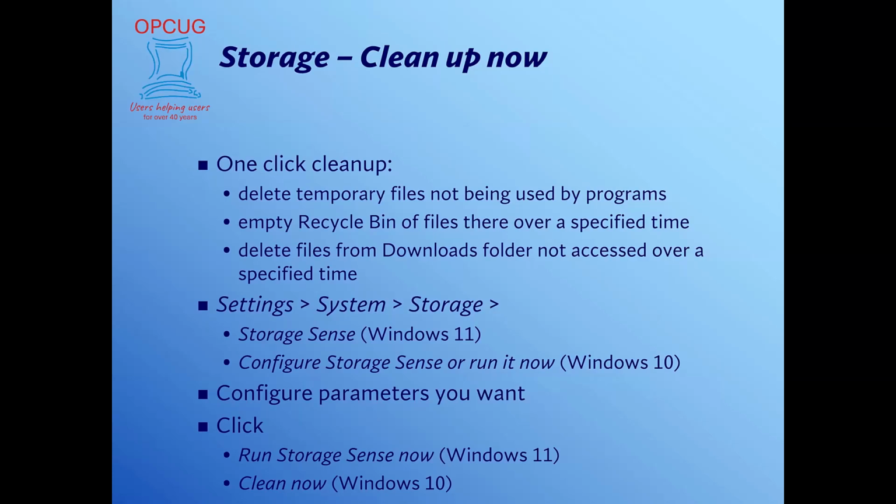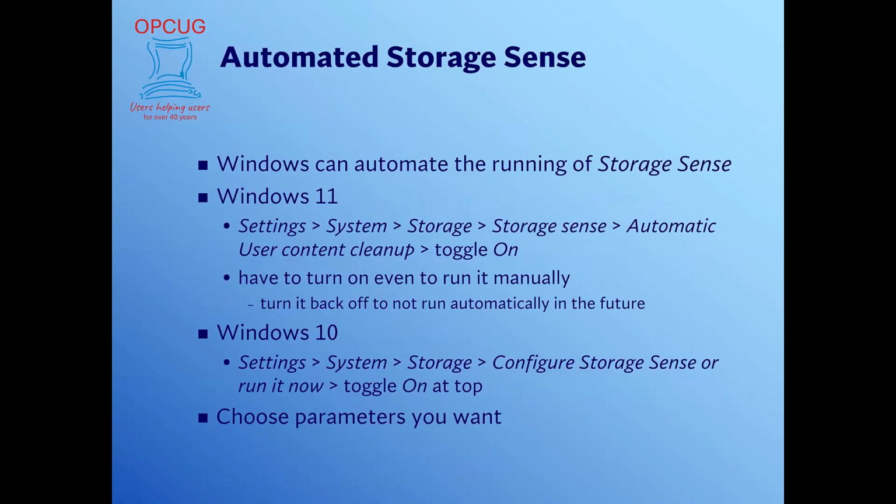It'll automatically take care of the temporary files, recycle bin, and the downloads folder. You can choose each of those discretely. So this is how you set up automatic Storage Sense, and this is where you go in Windows 11 and in Windows 10 to do it.